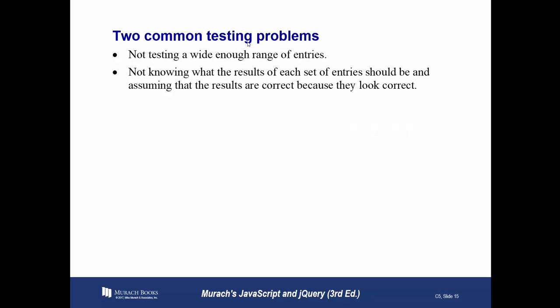Common problems that people have with testing. The first one, they don't test enough entries. They test, but they don't do thorough enough testing. The second one, not knowing what the result of each set of entries should look like. So not knowing your program well enough that you actually know when you test what the answers should look like.